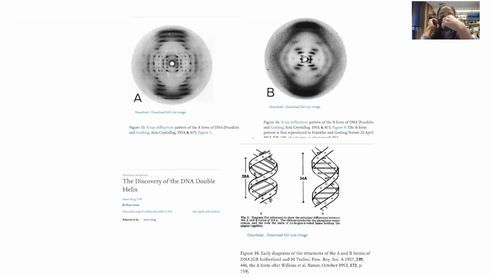In a crystal, basically everything is stuck together in a stiff solid, whereas fibers are wetter, so they had to do things like controlling humidity in tight chambers and all of this really cool stuff. That was a lot of work, I'm sure. But having this wet form was really important for getting this fiber pattern.